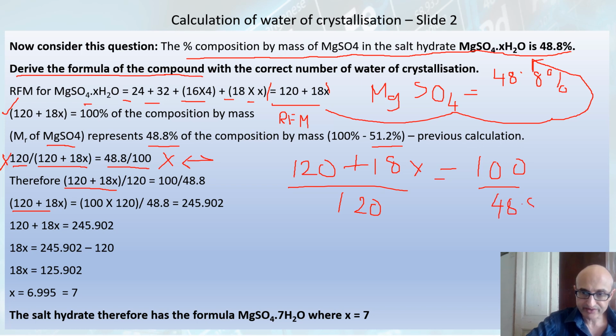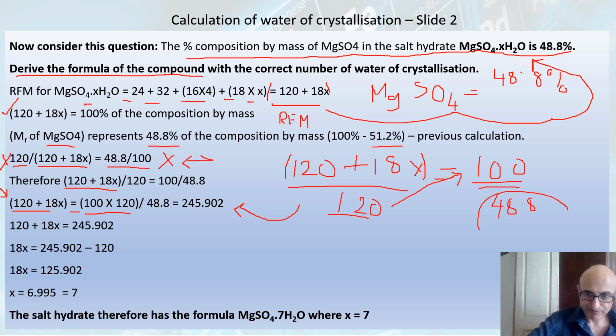Now all I have to do next is to bring this right up over there. So my calculation becomes the one you're seeing over here. Notice I have 120 plus 18x, the subject of my equation, and that is equal to 120 multiplied by 100 all over my 48.8, as I have over there.